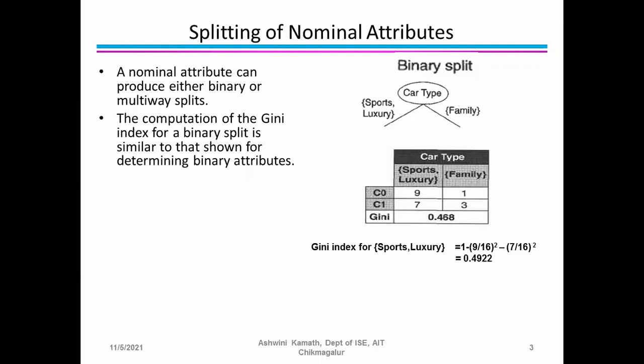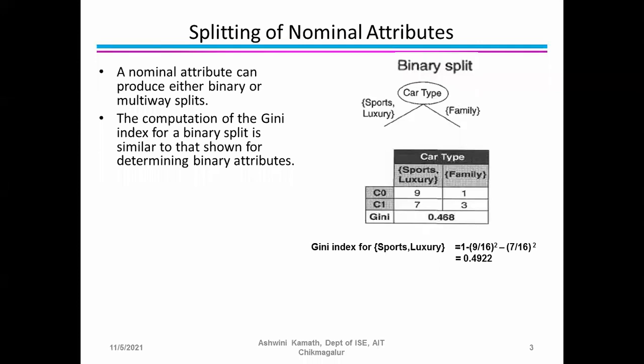Right, 9 plus 7 is equal to 16. Total 16 cars we have for sports and luxury. So among that, 1 minus 9 by 16 whole square minus 7 by 16 whole square. Okay, 9 by 16 whole square for C0, 7 by 16 whole square for C1, which is equal to 0.4922.